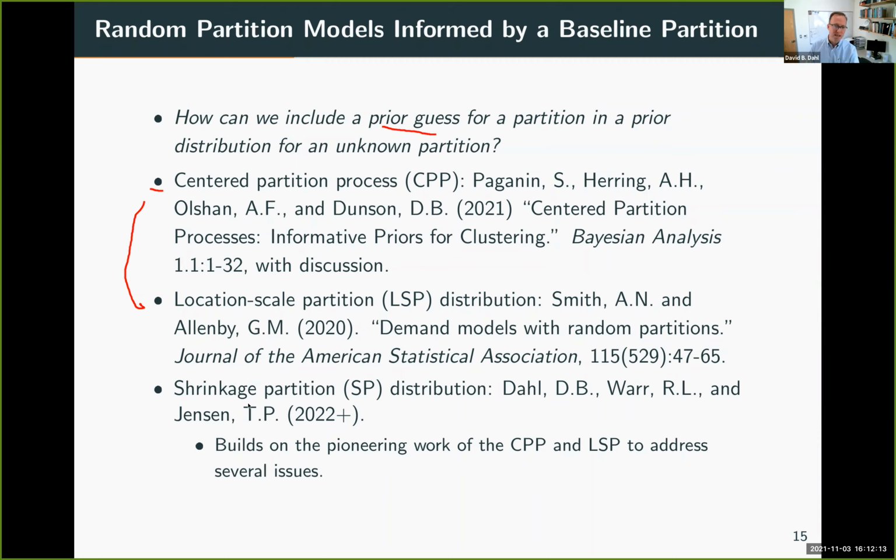What we're doing today is taking the pioneering work of these two papers, the CPP and the LSP, and addressing some of the missing features to provide what we think is a really nice partition distribution influenced by a best guess partition.